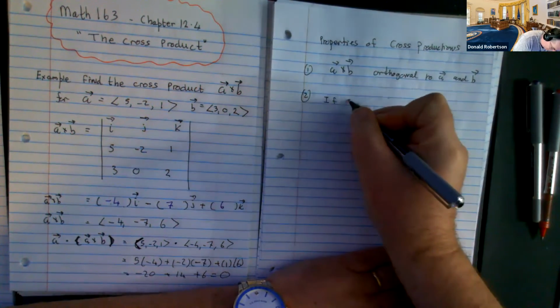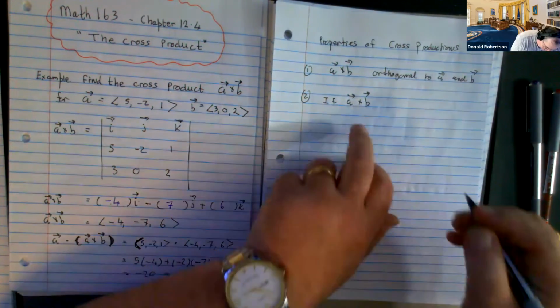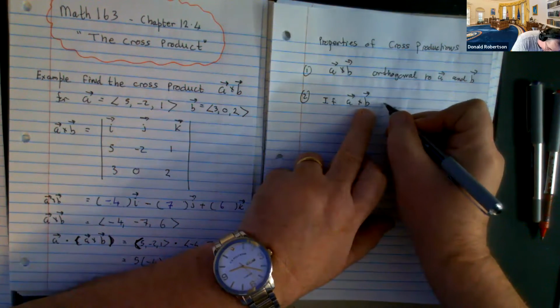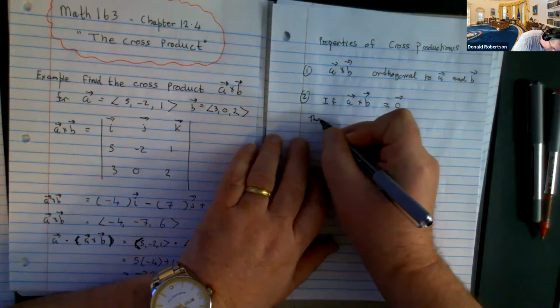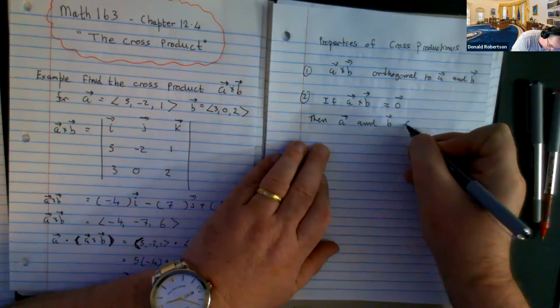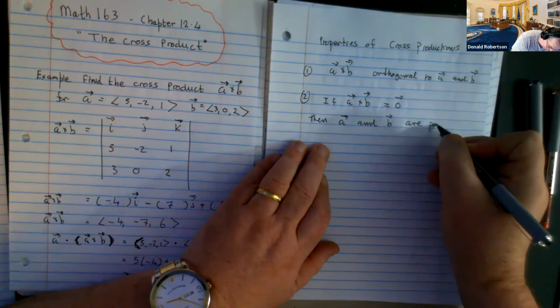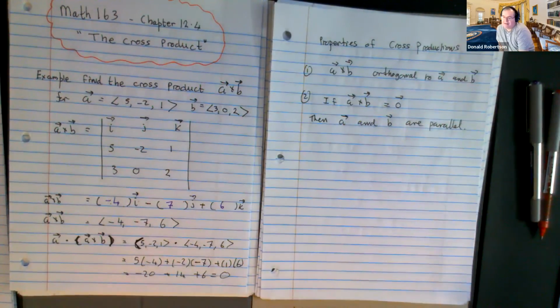Second property. A little bit different, but very similar to what we've already done. If A cross B is a zero vector, then A and B are parallel. So they don't need to be identical, but if they are, you get the zero vector.